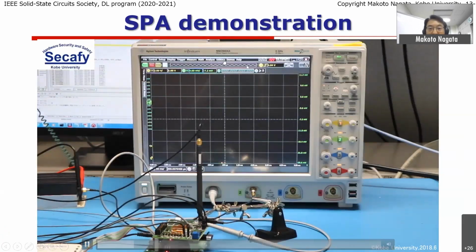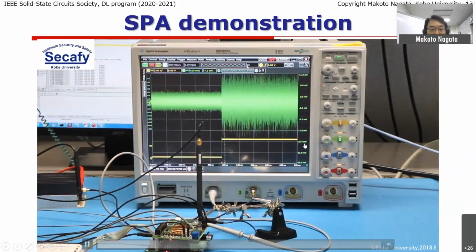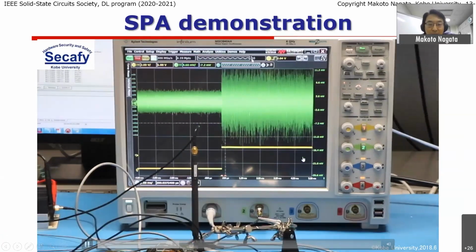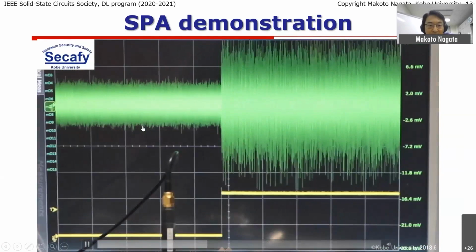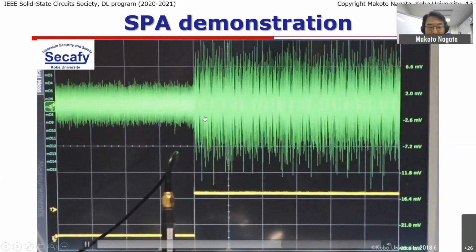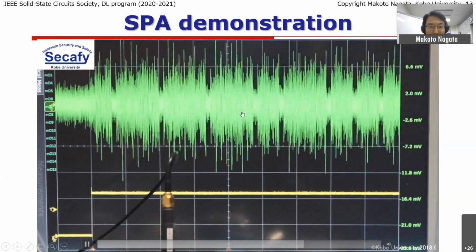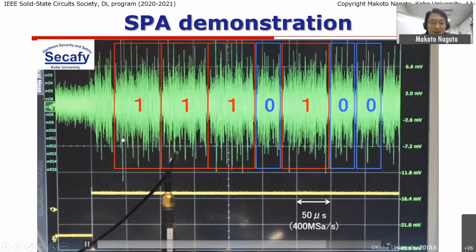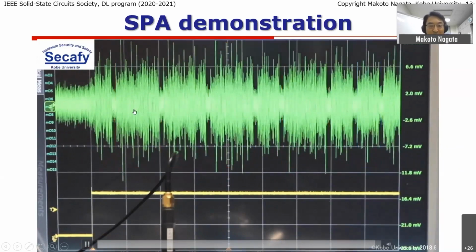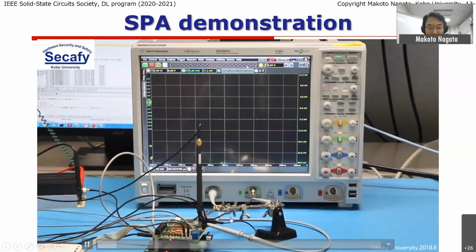Here's the window of an oscilloscope. The green trace is the measurement result. In the left part, nothing is happening, but on the right-hand side, the cryptographic engine is operating. Once we measure the wave shapes, we see some pattern here. Once again, this is the second shot that I would like to show you more.